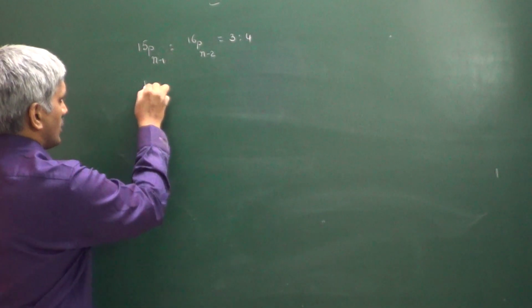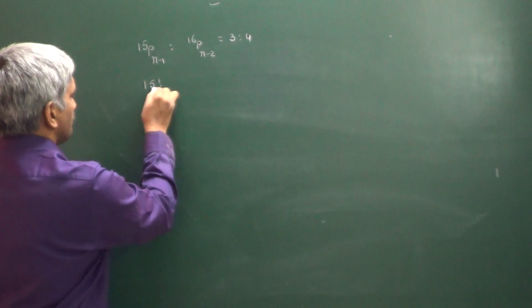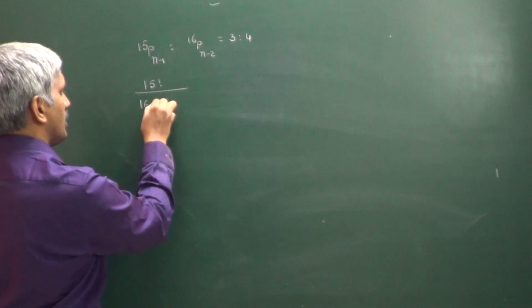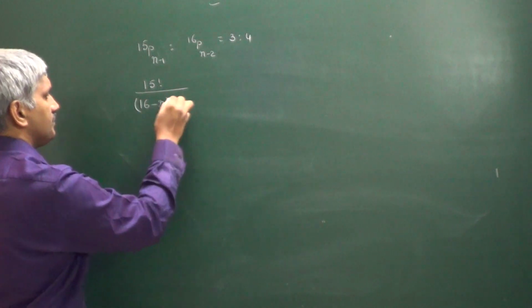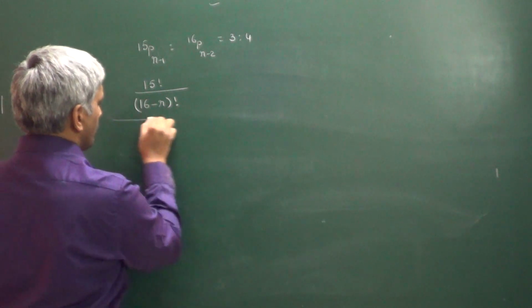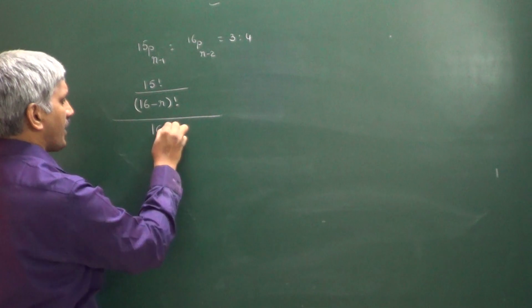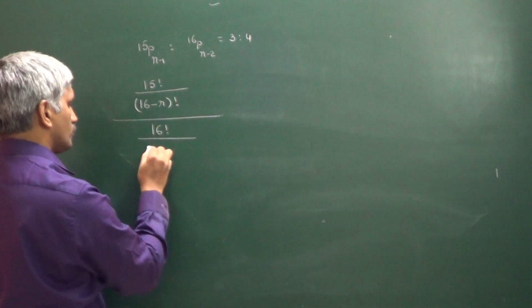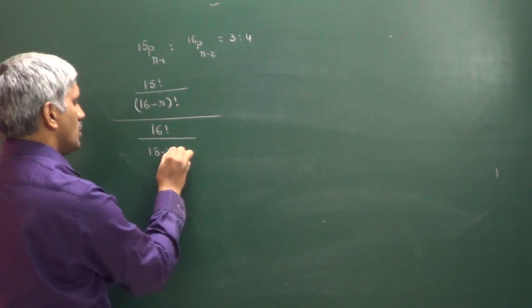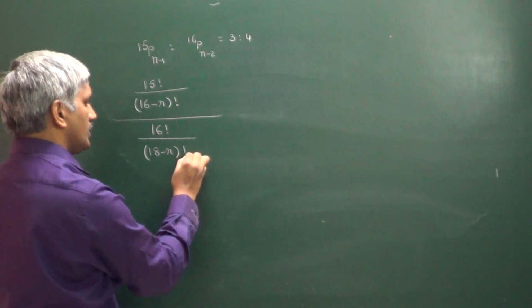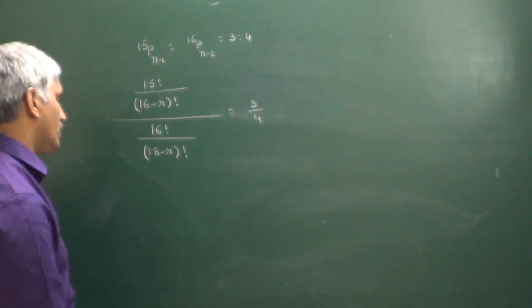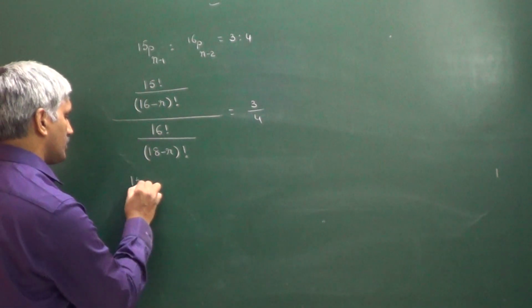Now here also we can write 15 factorial divided by (16 minus r) factorial, divided by 16 factorial divided by (18 minus r) factorial, is equal to 3 by 4. Right? Further simplification we can do like this.